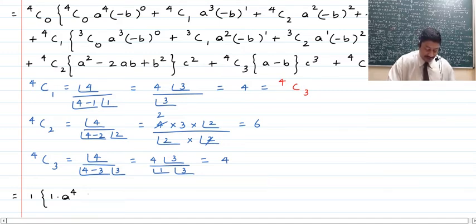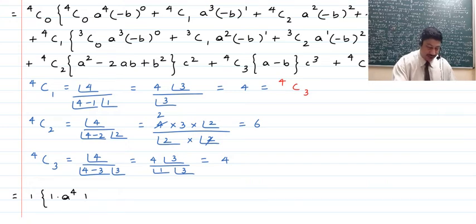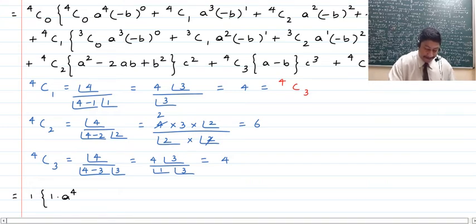And then further we add the next term, which now is going to become equal to minus b times 4c1, which is 4 times a cube times b, right? Then we talk about the next one, which is 4c2.